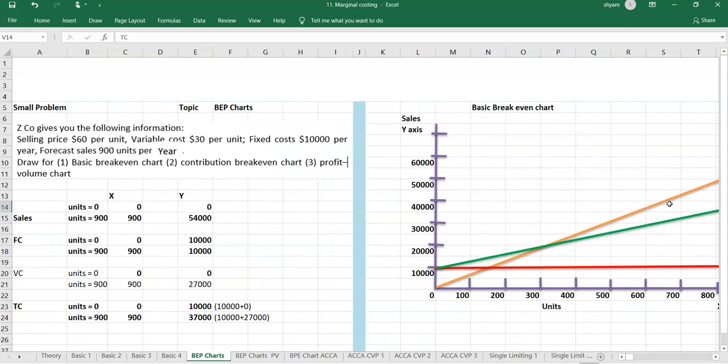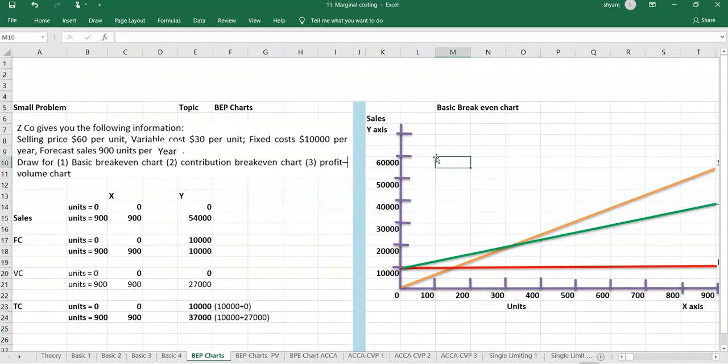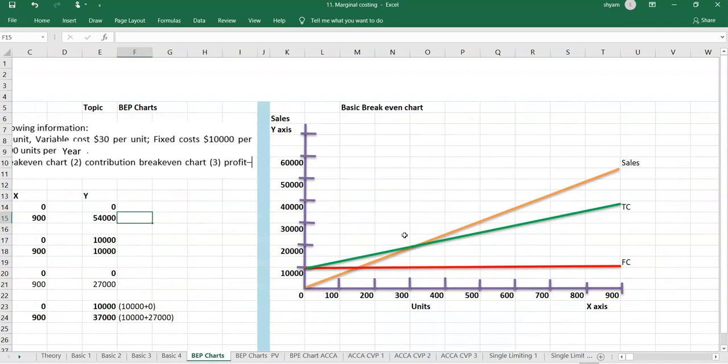So it's done. So now, what is our idea here? Our idea is to find out the BEP. So the BEP is the point at which the total cost equals the sales.